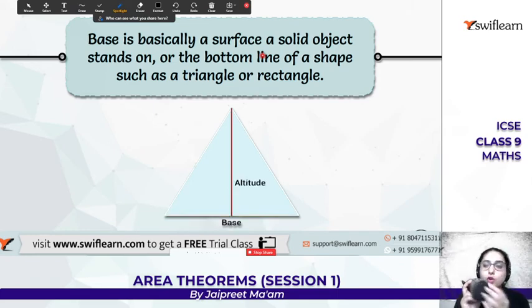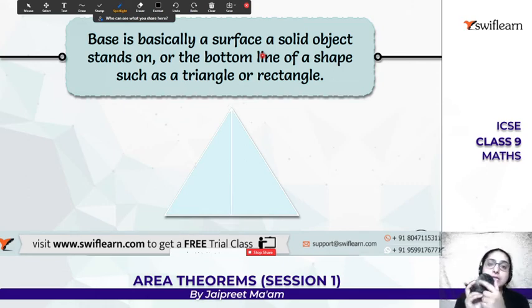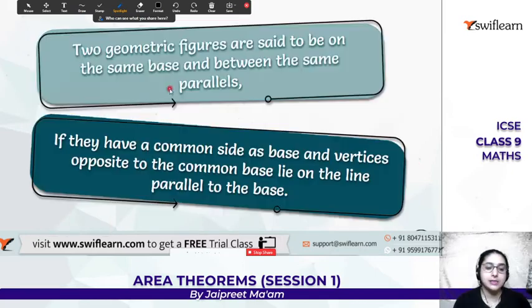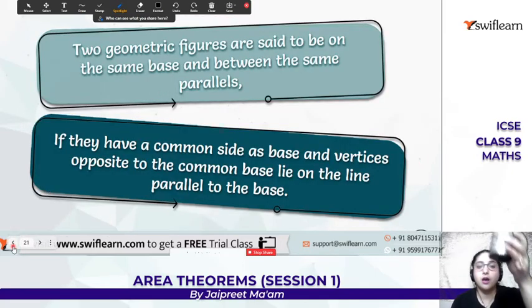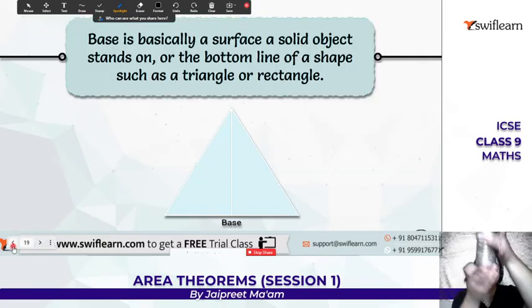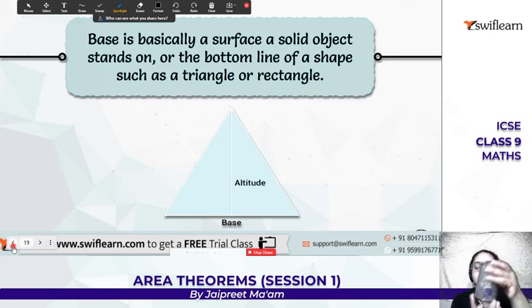So it's not a triangle, it's a cylinder-shaped figure. The base of a figure is basically the surface a solid object stands on. So this pen holder stands on this base.